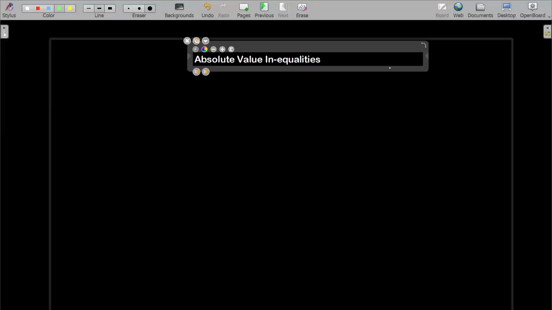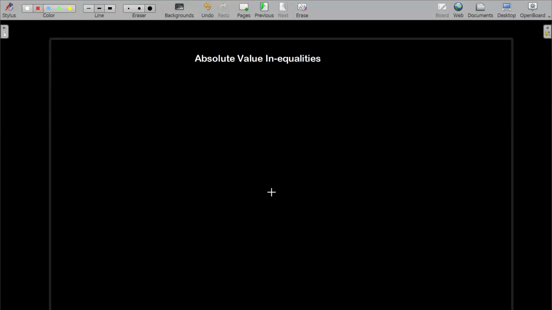Okay, again we will start with a very simple basic example. Now let's say I have this inequality, Anushka. Absolute value of x is less than 3.